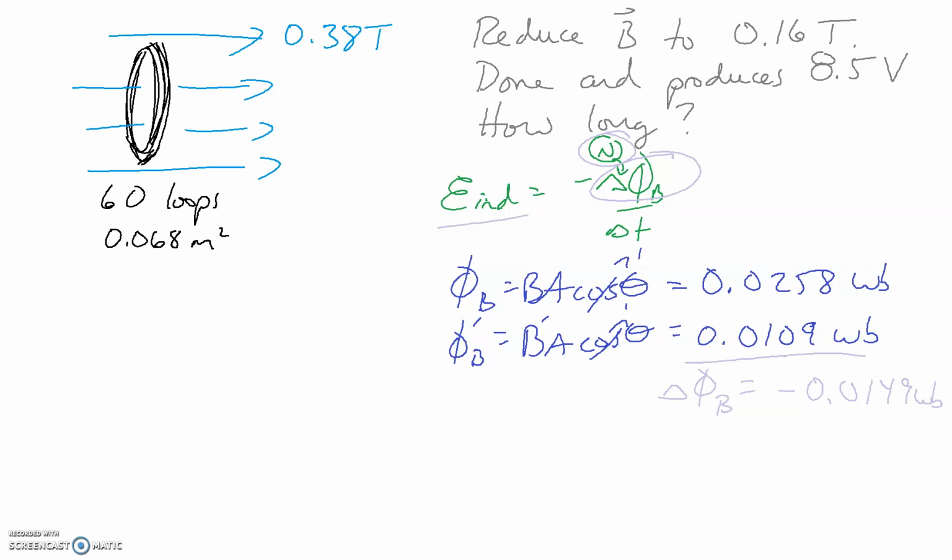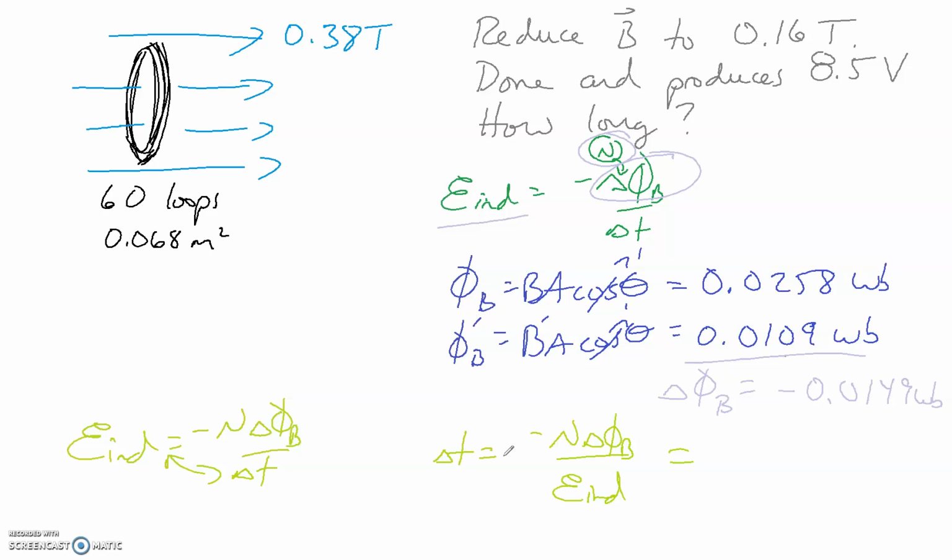If I want to find my time, we'll go to the original expression. Induced EMF is negative N change in magnetic flux over time. I also have to flip those two around, so my change in t is going to be negative N change in flux over my induced EMF. My negatives will cancel again. If they didn't, we would just drop the negative, because of course time can't be negative.